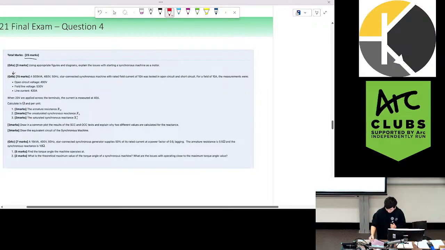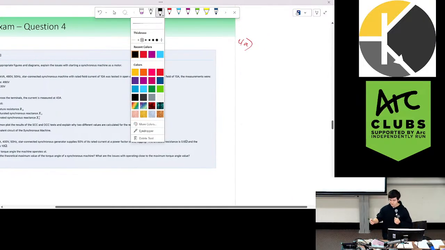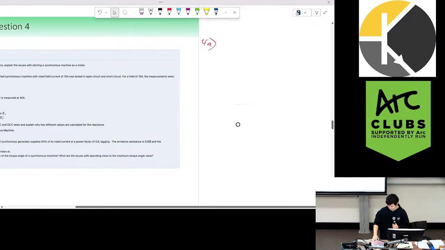So, question A asks us to, using appropriate figures and diagrams, explain the issues with starting a synchronous machine as a motor. We ran through this a little bit. The main thing to consider is that it needs to run at synchronous speed.